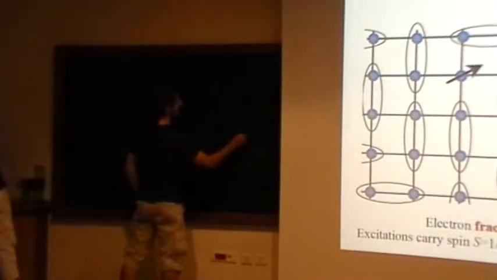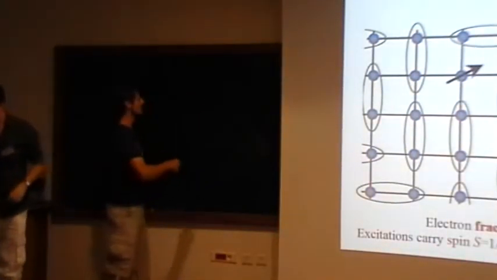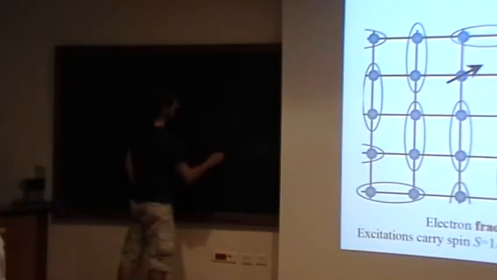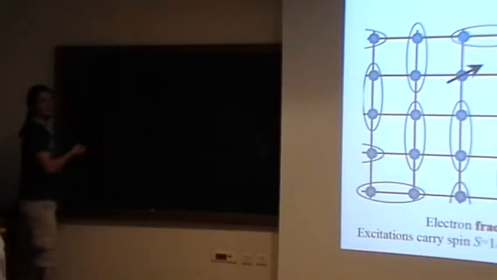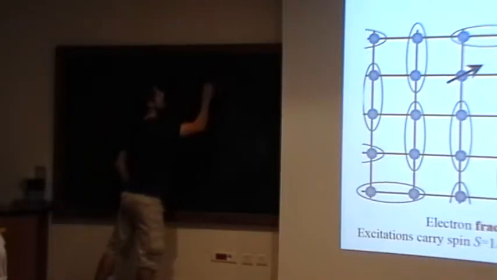So on one side we have this BCS picture where the correlation length of my particles is a lot bigger than the mean distance of the particles. So that's BCS. Probably all know these pictures.